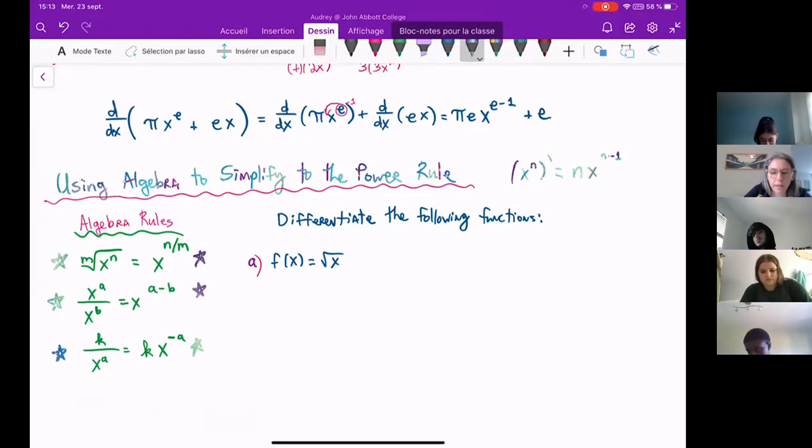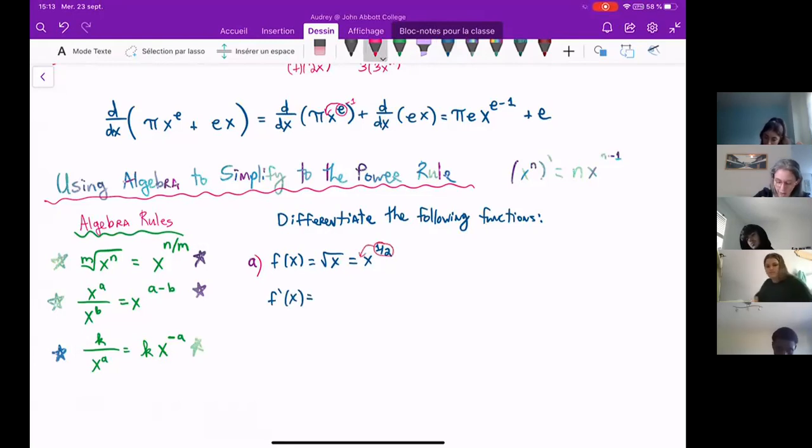How can I rewrite this square root as x to a power? You got it. So that's x to the 1 over 2, which means that the derivative, f prime of x, I'm going to get by taking that 1/2 down and subtracting 1. So it will be 1/2 x to the negative 1/2.